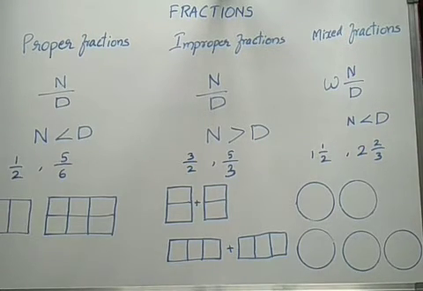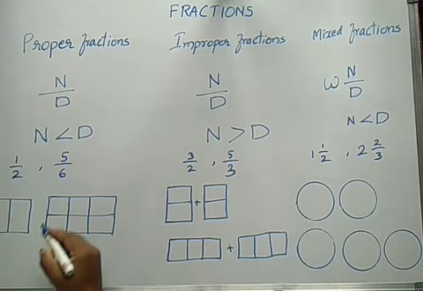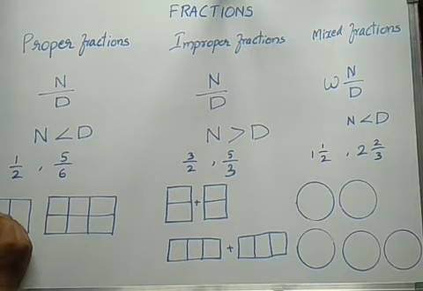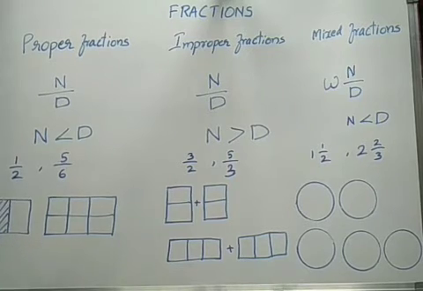Now I want to go for the pictorial representation of proper fraction, improper fraction, mixed fraction. Here you can see 1 by 2. 1 by 2 means total 2 parts, in that one part is shaded.